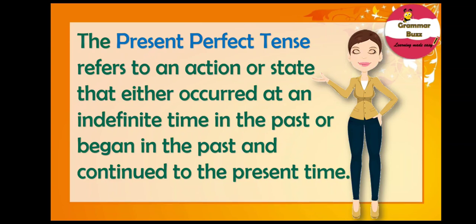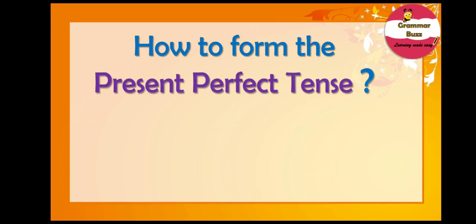Now that we already know what is present perfect tense, the next question that pops up is, how do we construct a sentence in the present perfect tense? It's an important question though, you see. The construction of this verb tense is straightforward. There are only two elements that you need to use.